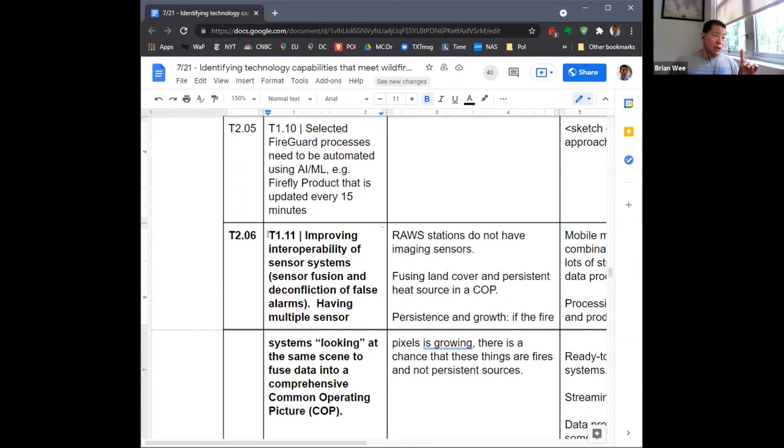The need identified by the entry T1.11, the need that Everett expressed, was improved interoperability of sensor systems and sensor fusion, the data fusion from multiple sensor systems, so that when the fire incident manager is looking at a scene, the fire incident manager can determine whether there is a false positive for a fire warning or is it really a fire.